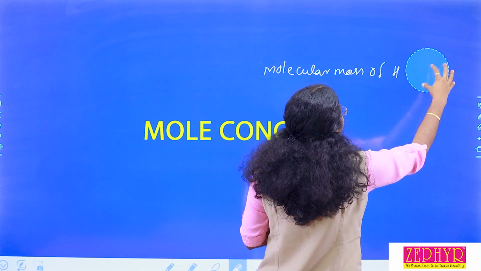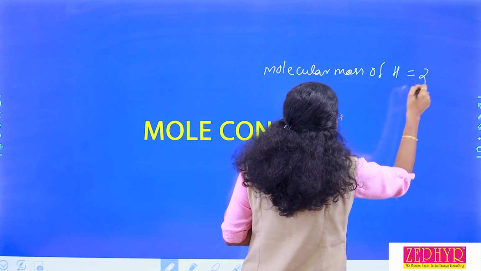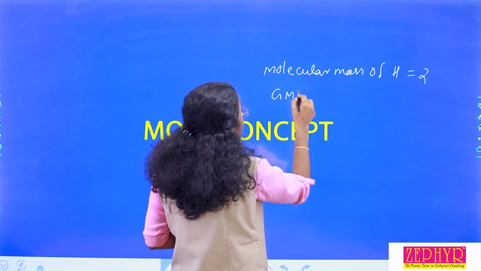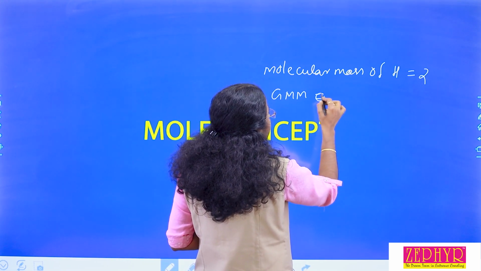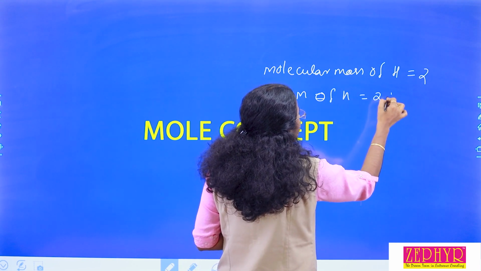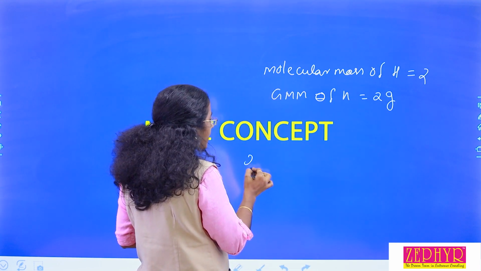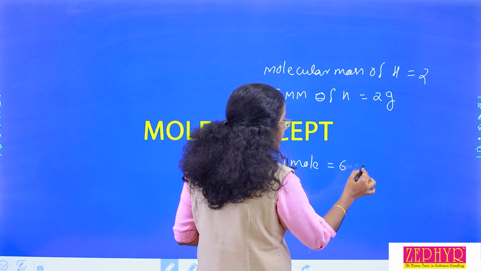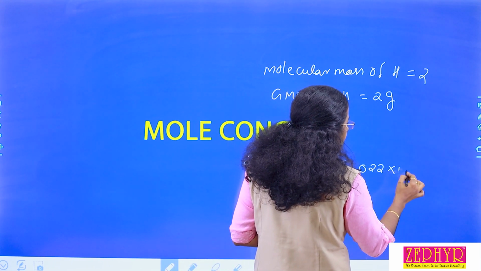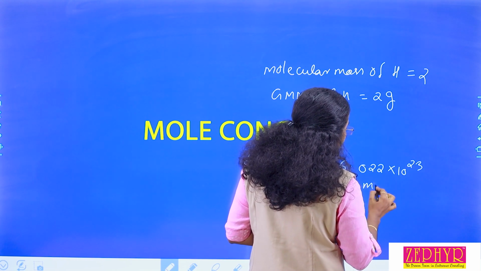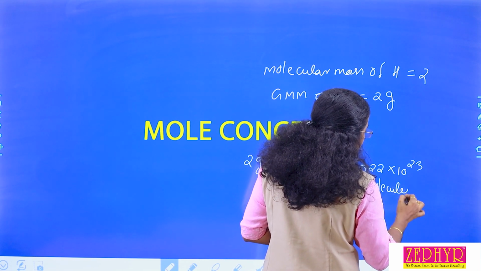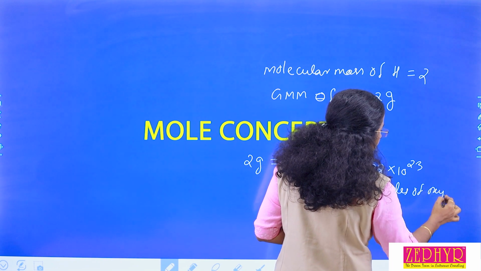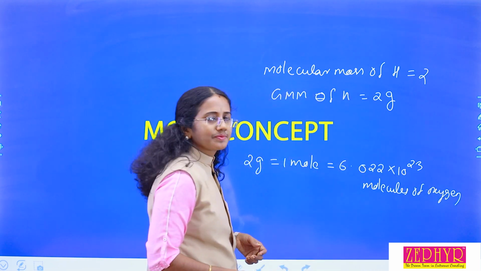Then the GMM, the gram molecular mass of hydrogen, is 2 gram. This 2 gram is also called 1 mole. That contains 6.022 × 10^23 molecules of hydrogen. That is the difference.